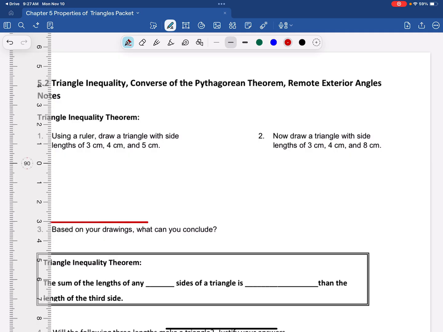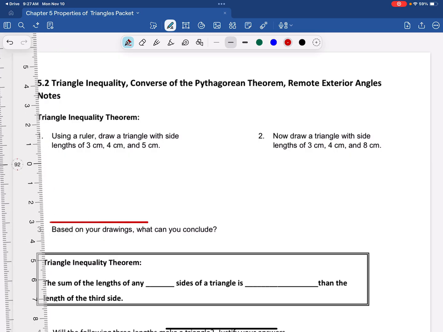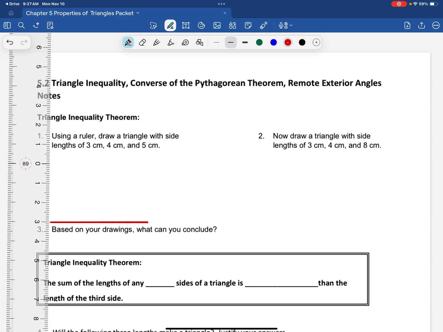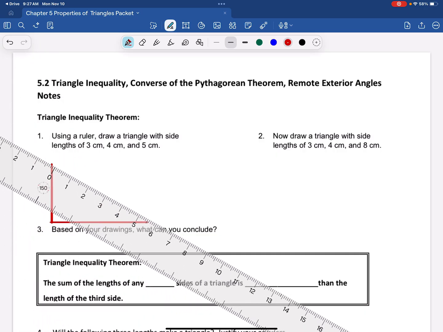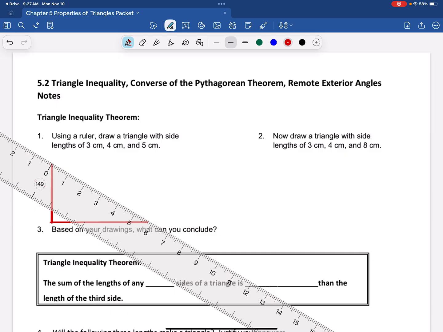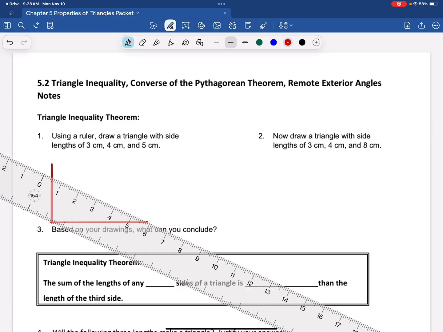Let me try to get this perfect right there. There we go, so here's 3 units long. Then I'm going to turn this and go diagonally, and it turns out that, wait a minute, I can't make it with a 4.